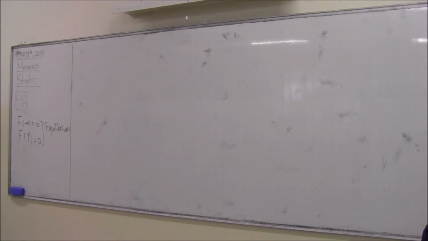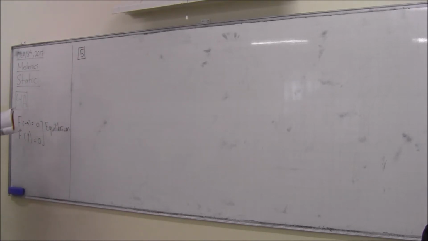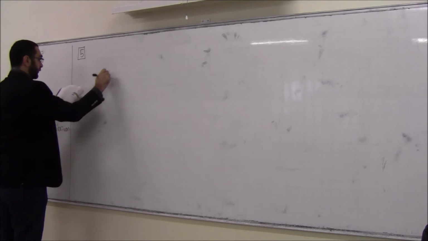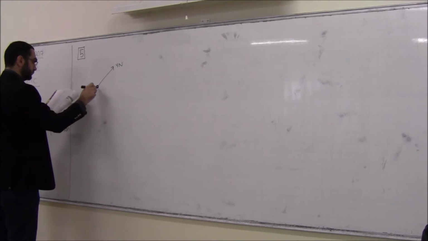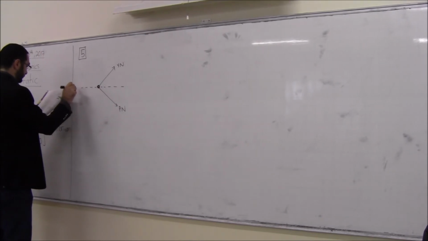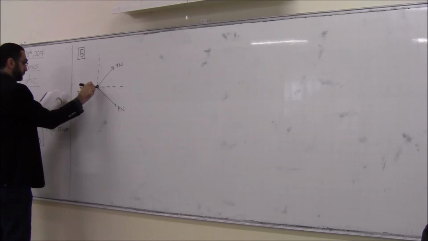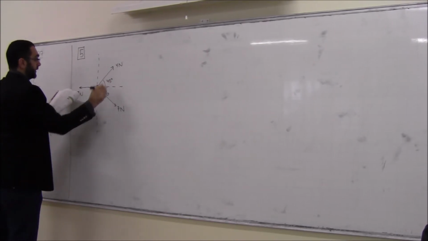Now, question 5. 4A, question 5. Okay. We have an object. This object is exerted by three forces: P, here 7 newtons, this angle is theta, and this angle is 45 degrees.